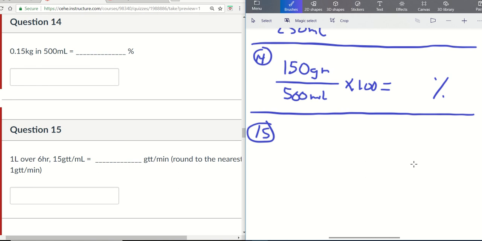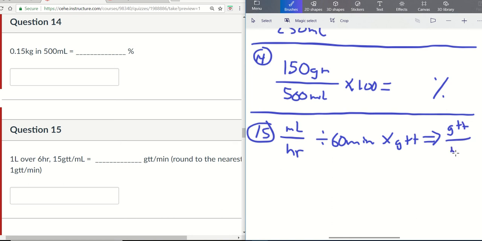Do you guys recall flow rate, drip rate? mLs over hour is flow rate. And then the first step is to divide by 60 minutes, then multiply by drops. That will get you to drops per minute. So for 15, let's start off with flow rate.